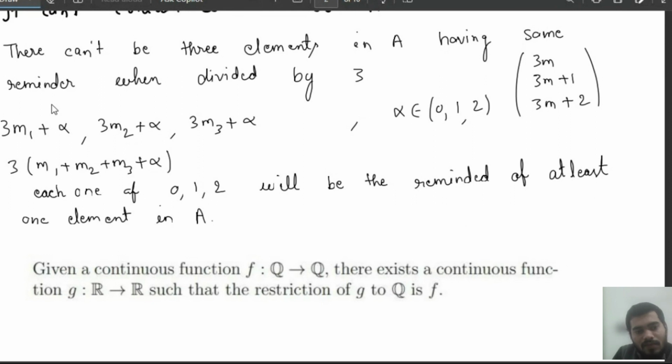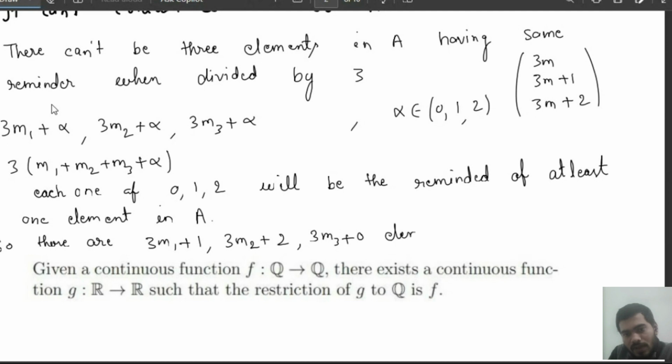So this implies that we can have 3 elements of the kind 3m1 plus 1, 3m2 plus 2, 3m3 plus 0 in A. So there will be 3 elements of this kind in A, and when you add them, you will get 3 times m1 plus m2 plus m3 plus 1, which is again divisible by 3.